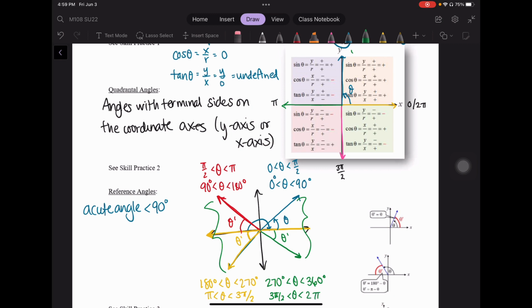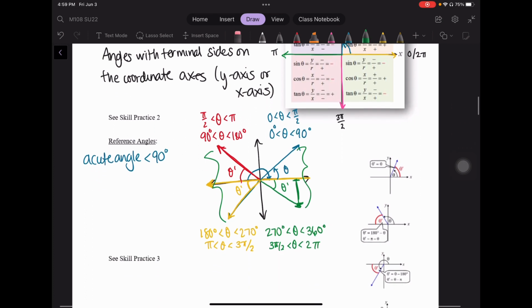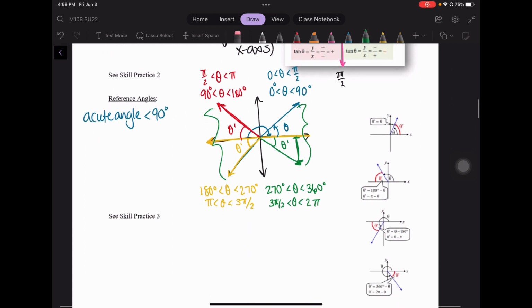So in order to figure out what this angle is here, the green one, that is almost to 2 pi. So what we can do is you can take 2 pi minus that angle of theta, and that is your reference angle. Because you're actually trying to figure out this angle plus what gets you 360.